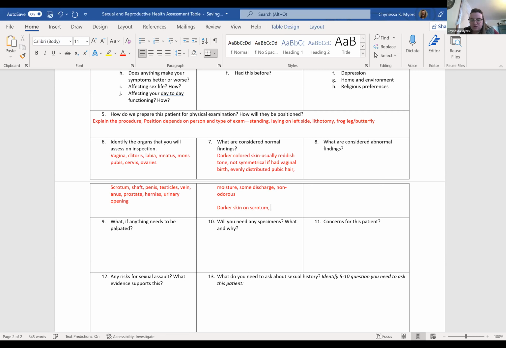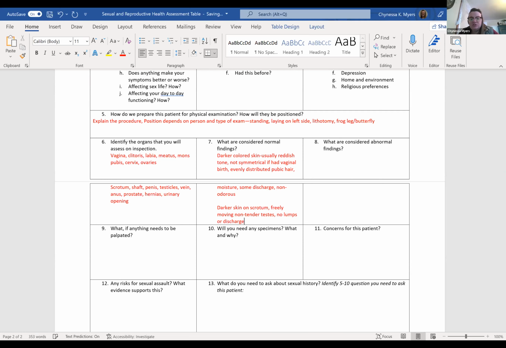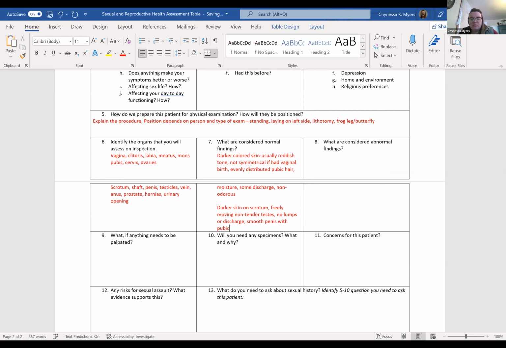Freely moving, non-tender testes. No lumps or discharge. Smooth penis with pubic hair surrounding. Yeah, no hair on the shaft. Hair surrounding the area. Okay.